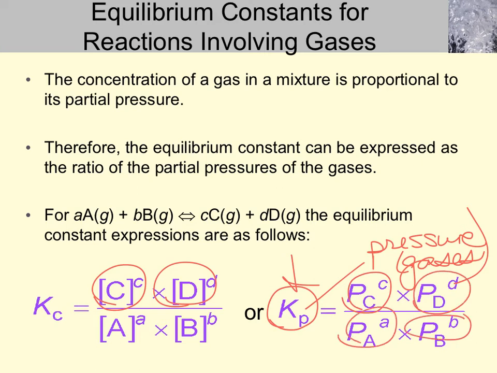Again, the pressure values are only for the gases. So if you're asked to write a K sub P for a reaction and it has, let's say, 2 gas reactants and 2 liquid products, you can only include the substances that are gases in a Kp expression.